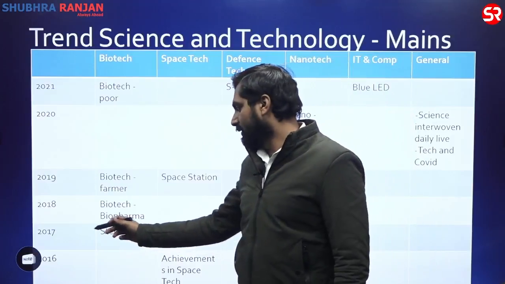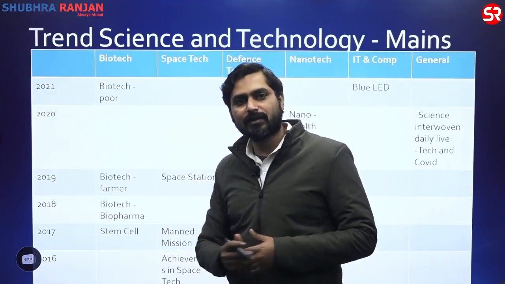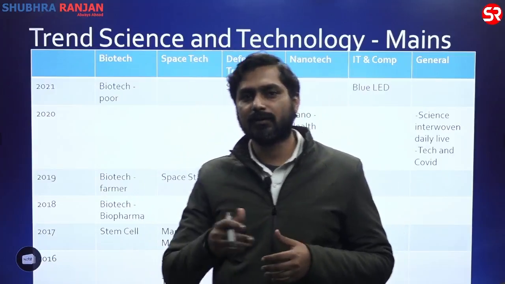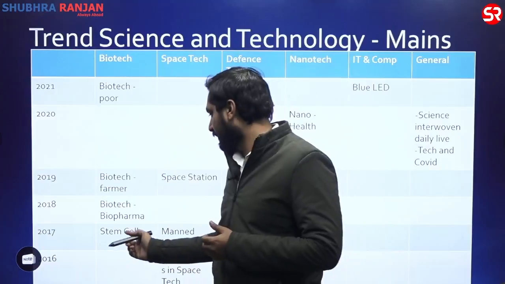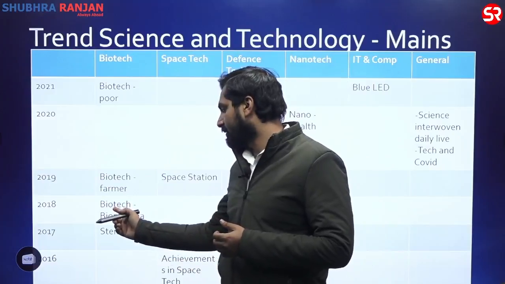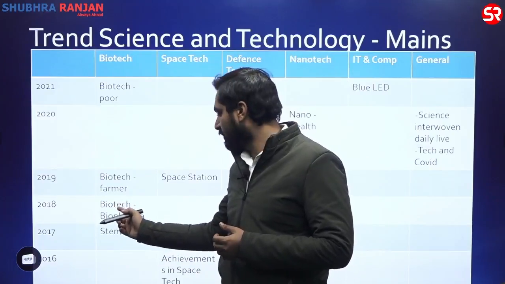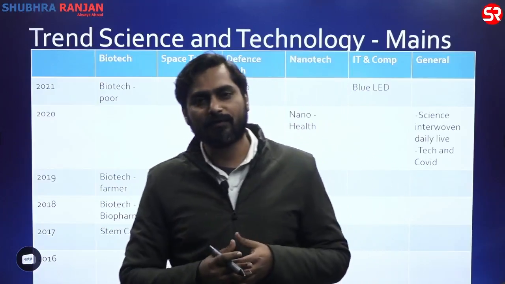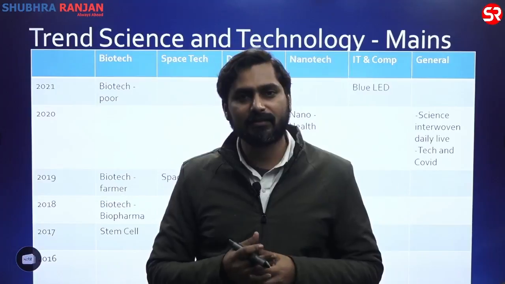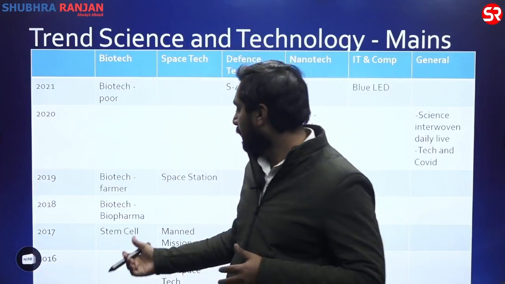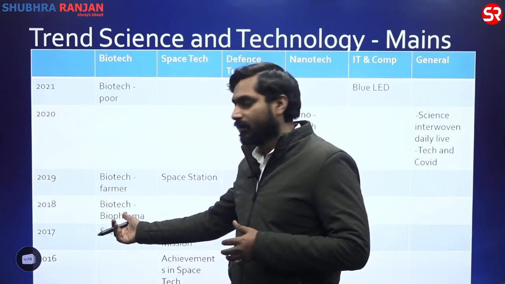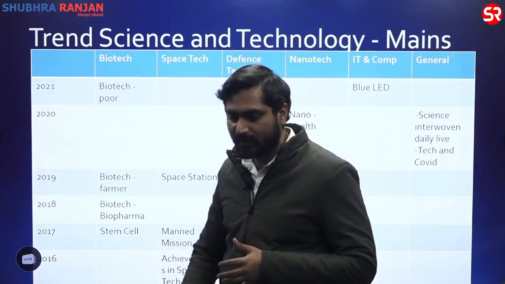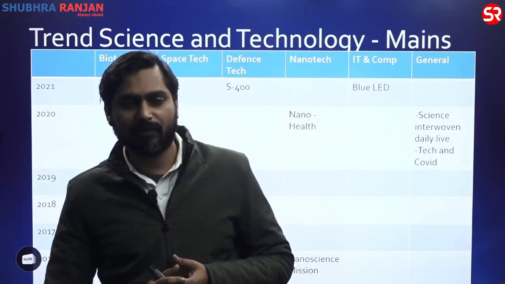In 2017 they asked about stem cell therapy specifically and how things are progressing. Then there was a question on the impact of biotechnology, as there is a lot of activity in the biotechnology sector in India, and how it is impacting the biopharma sector. In 2019 the question was how biotechnology is helping farmers.